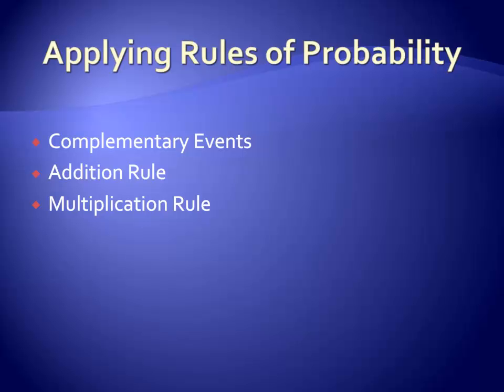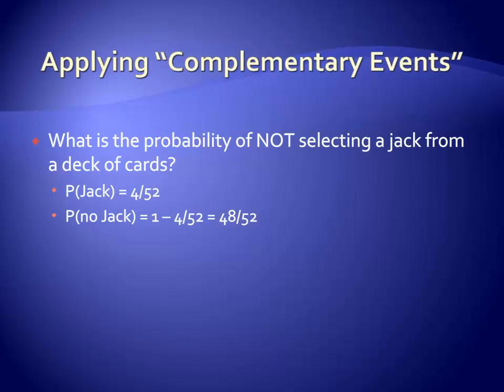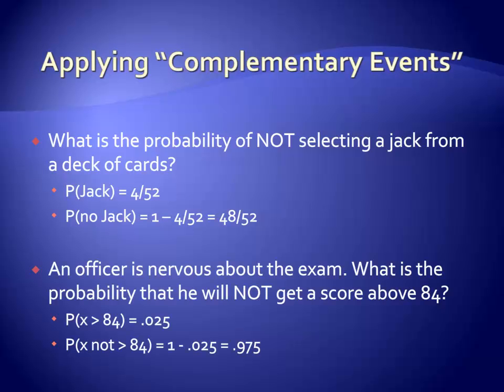Presented here are three of the most popular rules of probability. The rule of complementary events is applied when we know the probability of x but are interested in the probability of x not occurring. As shown in the examples here, this is equal to 1 minus the probability of the event happening.